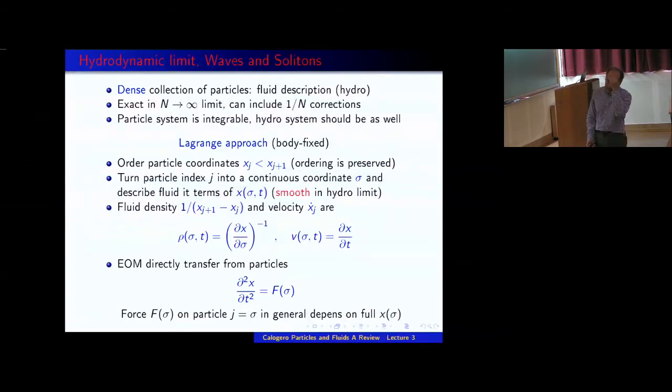Remember this, at position sigma, I'm sorry. Remember that this sigma follows the particle. So it's simply that the acceleration equals the force, and that force on particle j that we call sigma, in general depends on the full x of sigma because the particle interacts with the remaining particles. That's one description, and you can go some way actually using that description.